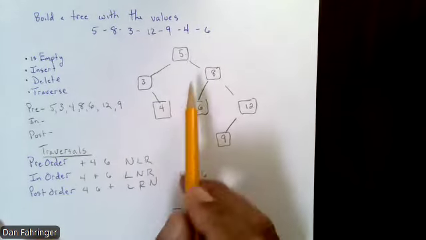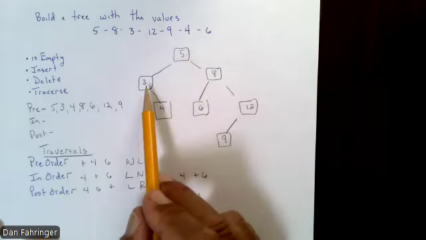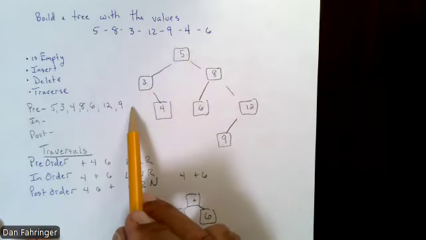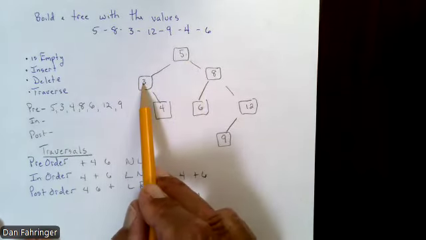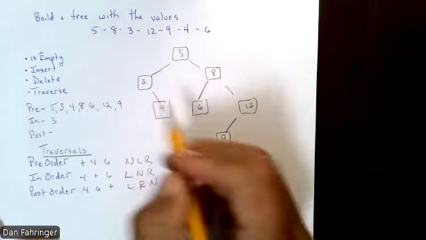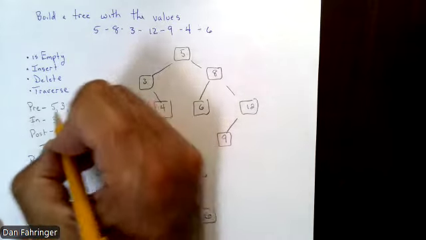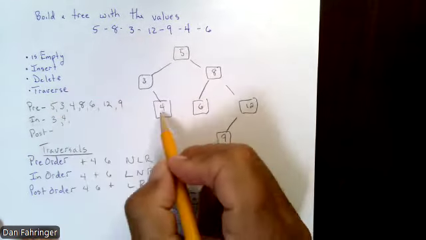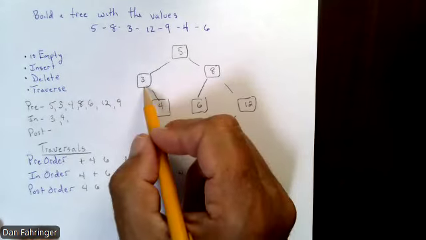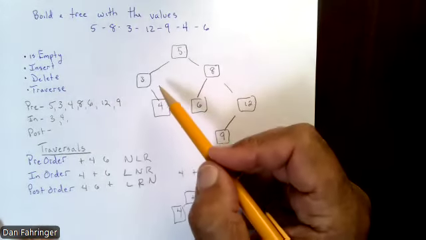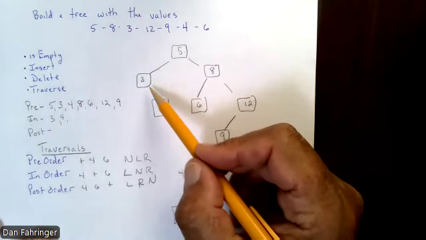In order is left. So I go to the left of here. Left. I go to the left and there's nothing. Now I go back to the node, which is 3, and I go to its right. There is no left. I go back to the node, which is 4, go to its right. There is no right. So I go back up here. I took care of left node right.